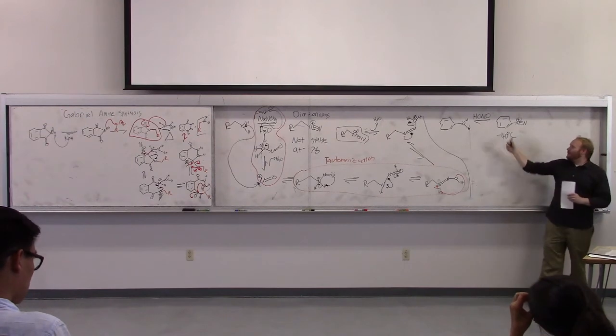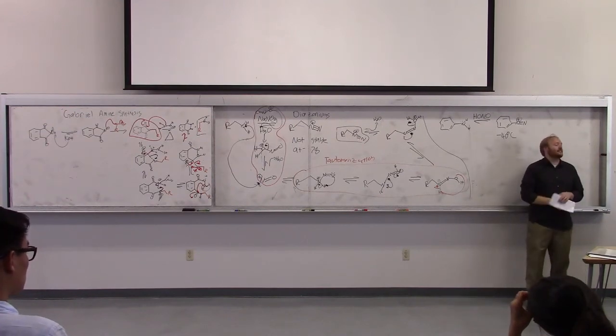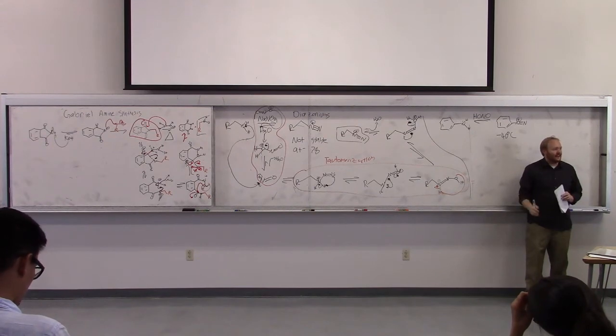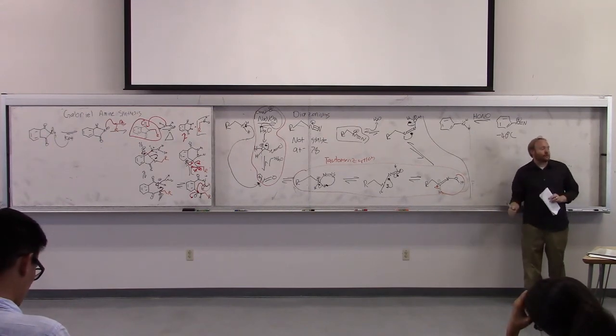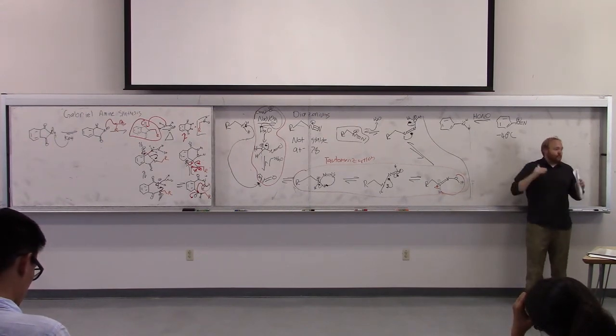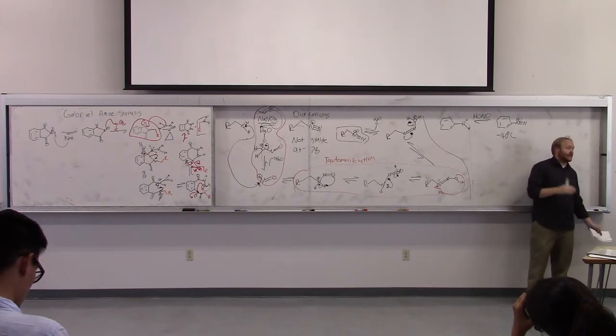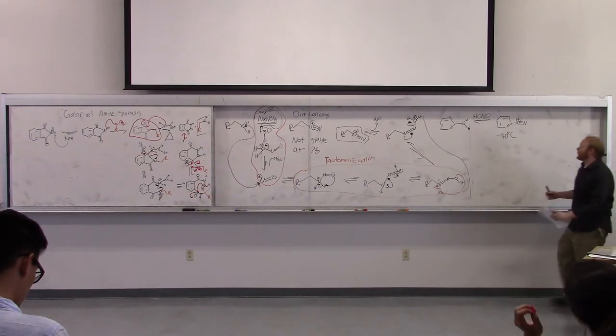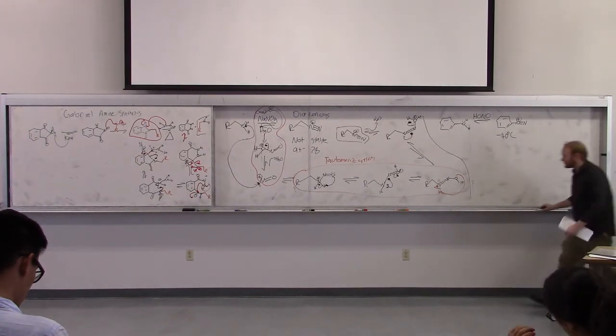So we can at least see this spectroscopically, we know it exists at minus 40 degrees. So they're not necessarily stable, but we can get them in a typical organic lab setting and then do chemistry with them. So these are still fairly much reactive intermediates.